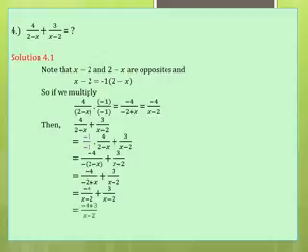So, negative 4 plus 3 over x minus 2, and we combine like terms, so it becomes negative 1 over x minus 2. Therefore, 4 over 2 minus x plus 3 over x minus 2 is equal to negative 1 over x minus 2. And we can have it another way.